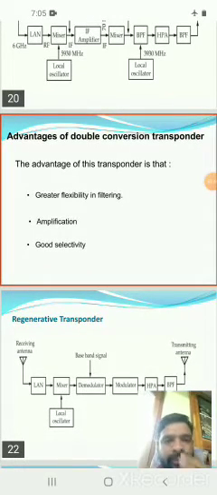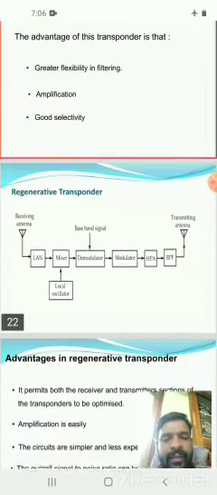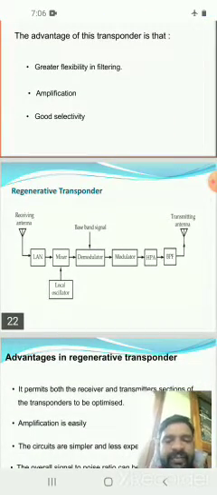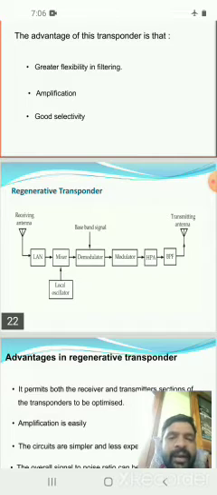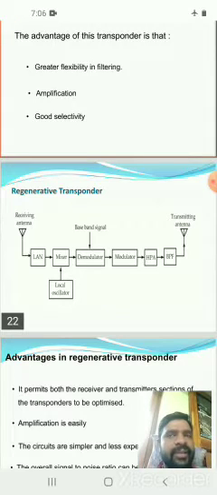The third type of transponder is the regenerative transponder. Here the regenerative transponder consists of a modulator and demodulator. In single conversion and double conversion transponders, the signals are not converted to message signals or baseband signals.